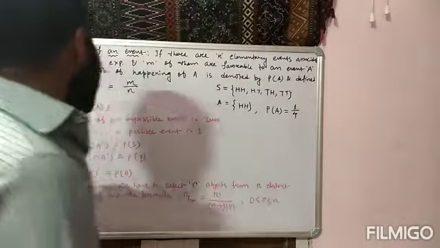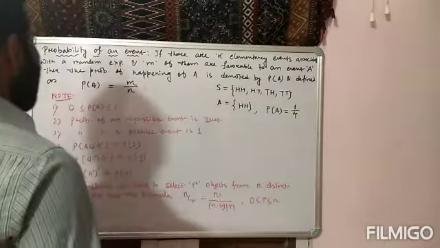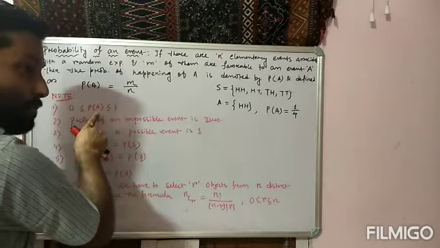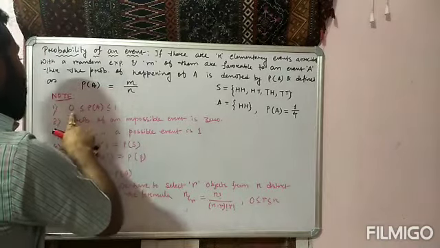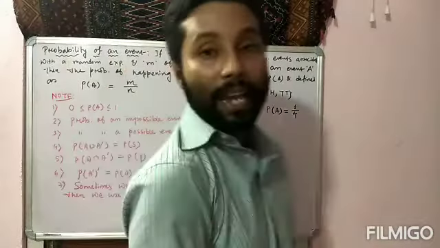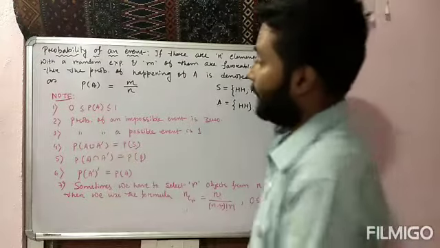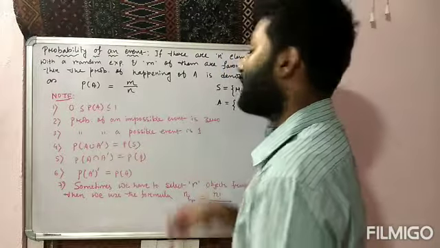Now there are some important results on probability. Number 1, probability of an event. P of A means probability of an event A. 0 less than or equal to P of A, which is less than or equal to 1. Okay? Next, probability of an impossible event is always 0.